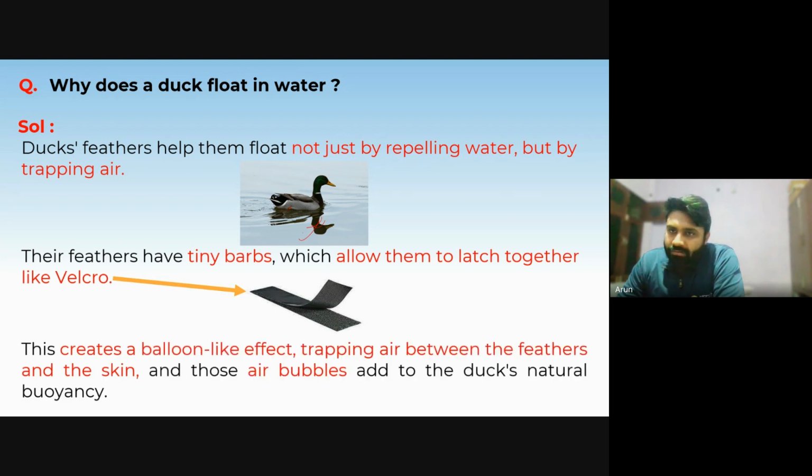This creates a balloon-like effect, trapping air between the feathers and the skin, and those air bubbles add to the duck's natural buoyancy. Because of the air trapped in the feathers, the duck is able to float on the water surface.